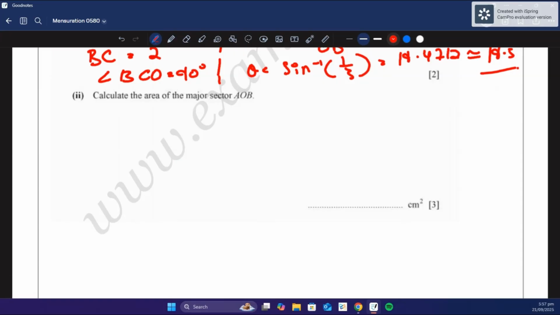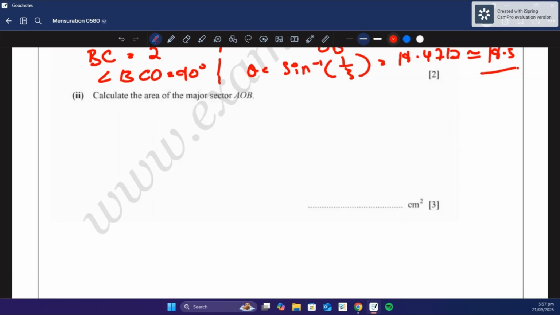Now the area of the triangle AOD would be given to us by 1 over 2 into 6 into 11.3137, that would give us 24.